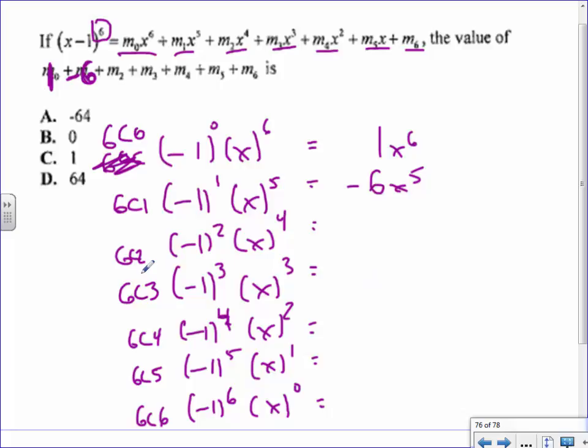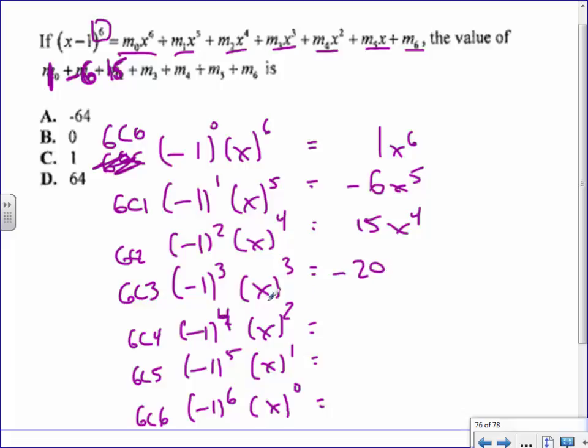6 choose 2 is 15. Now what is negative 1 squared? Positive 1. So that doesn't make it negative then, and then you'll need x to the 4. So it means that this number right here is 15. Okay, 6 choose 3. Is this the one that's 20 then?